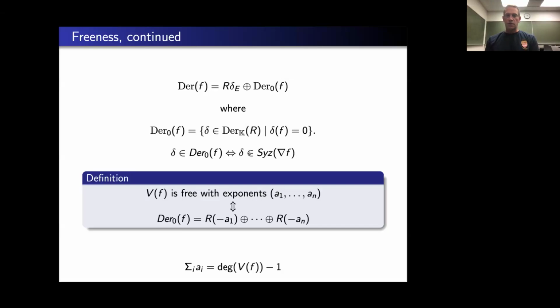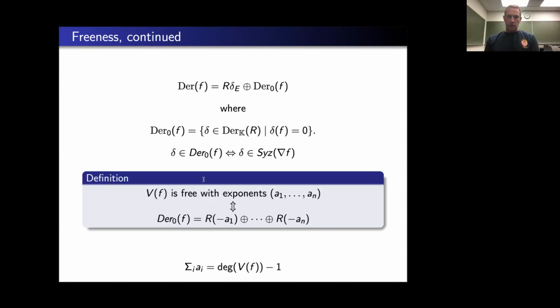And then a syzygy is some polynomials g0 up through gn which dot to 0 with those partials. If we think of those gi's as being the coefficients of our derivation, that's exactly something which eats F and spits out 0. So the syzygies of the Jacobian ideal correspond to this module Der 0 of F.